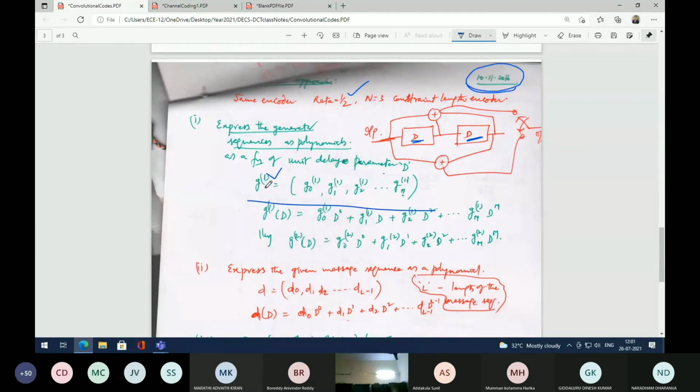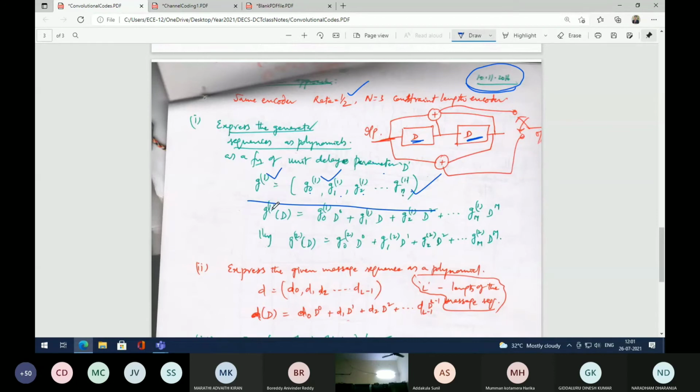Here, this is the general representation of the generator matrix values G0, G1, G2, and so on. And here, D is the delay. G0 of 1, G1 of 1.